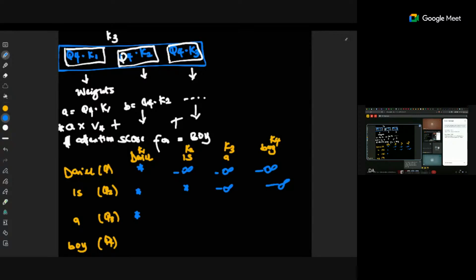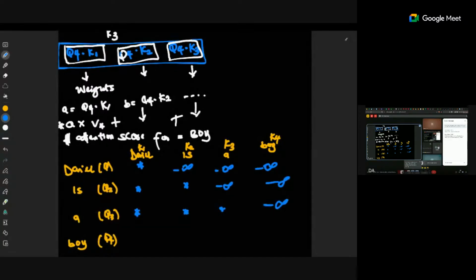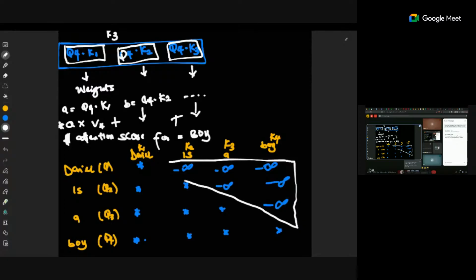Q3 dot K2 is needed, Q3 dot K3 is needed, then this goes to negative infinity. Now we come to boy: Q4 K1, Q4 K2, Q4 K3, Q4 K4. If you can see my screen well, you notice a pattern has emerged, where the negative infinities decline as you go down the sequence or the sentence.